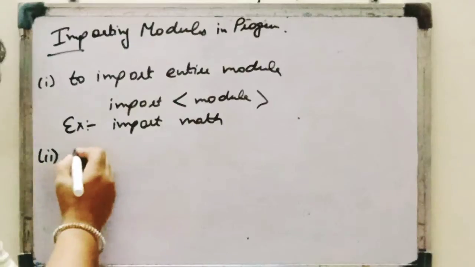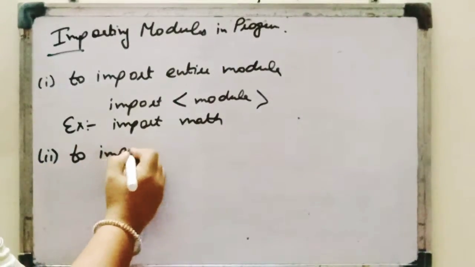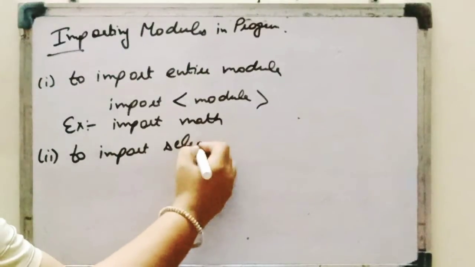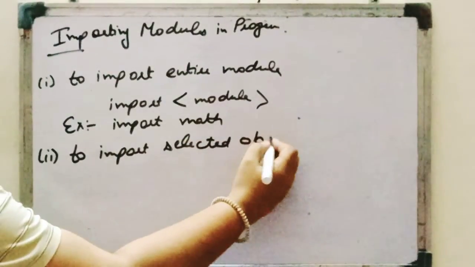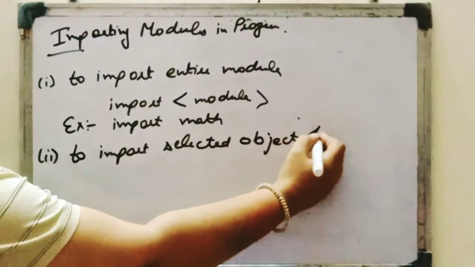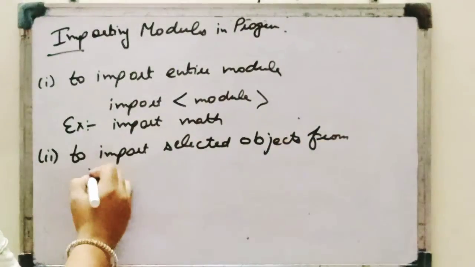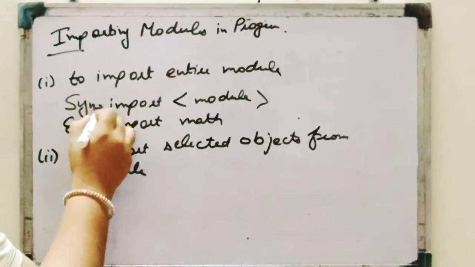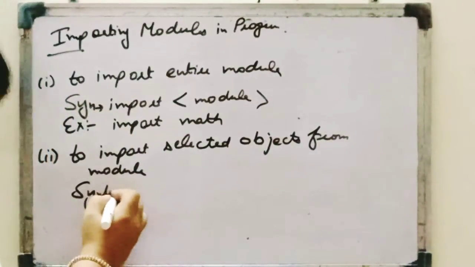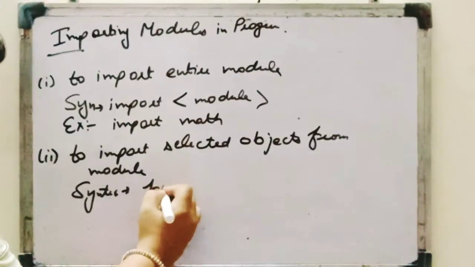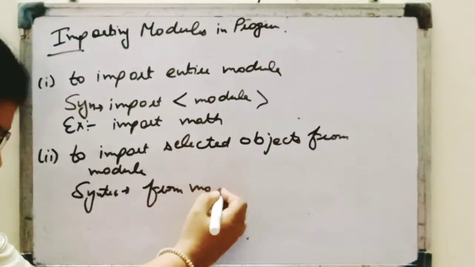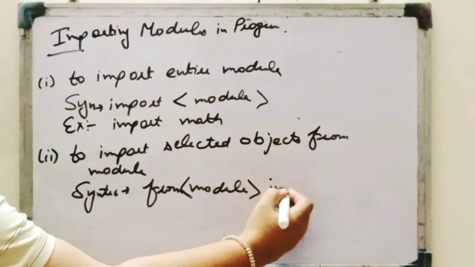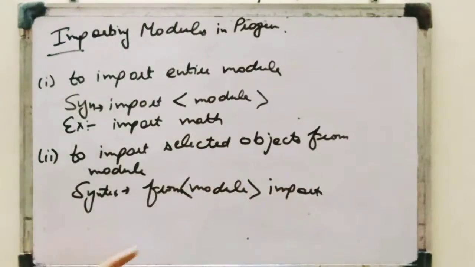Second is to import selected objects from the module. Now what is the syntax? From module, meaning from which module you have to take that particular function, you have to write there.